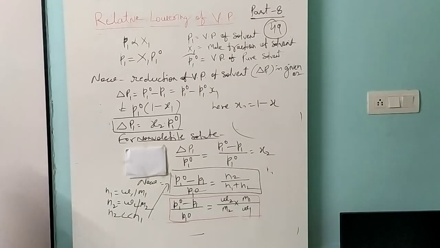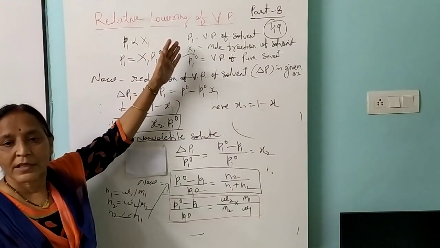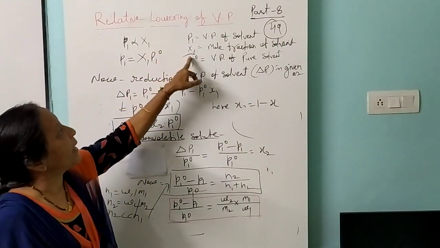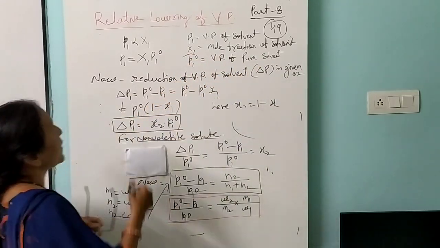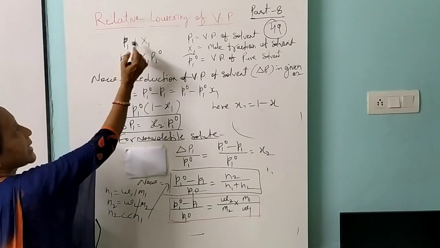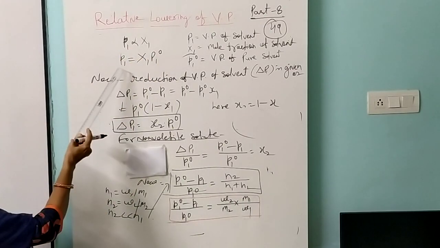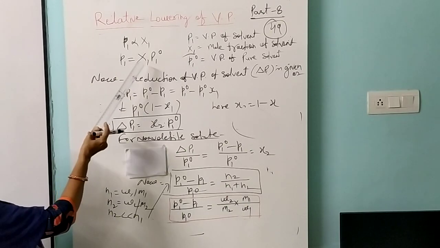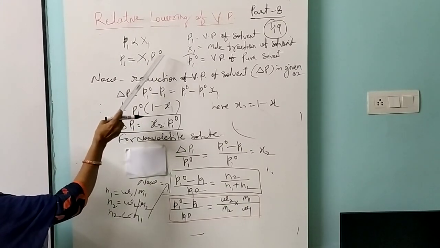Here P1 is the vapor pressure of solvent and x1 is the mole fraction of solvent. So P1 is directly proportional to x1, and P1 is equal to x1 times the proportionality constant, P1 0.